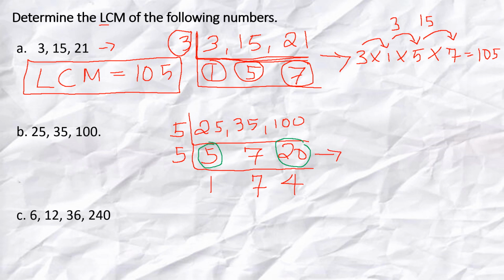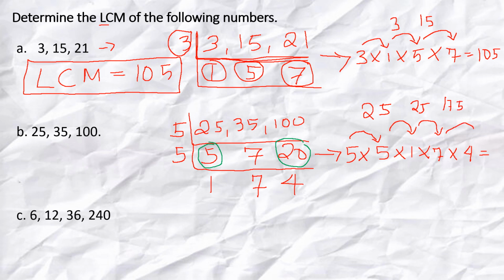multiply the remaining numbers, which are 1, 7, 4, by the divisors that we used, which are the number 5 and the number 5. So 5 times 5 times 1 times 7 times 4. So we have 5 times 5 is 25. 25 times 1 is 25. 25 times 7 is 175.